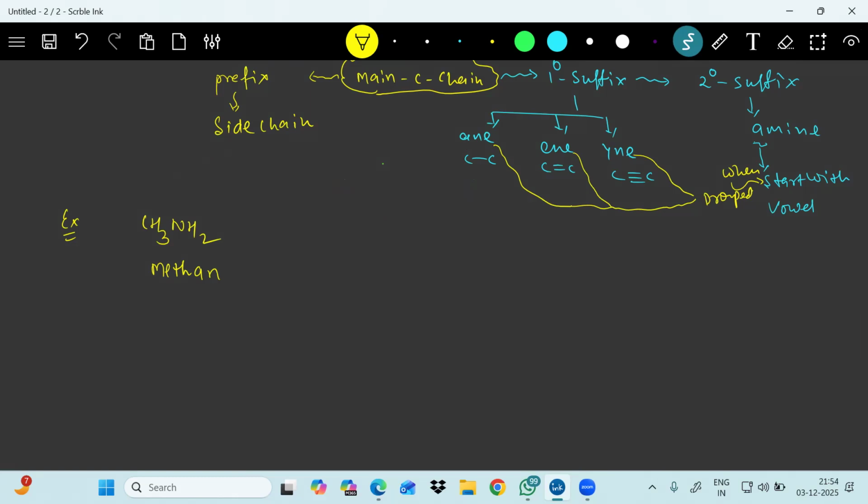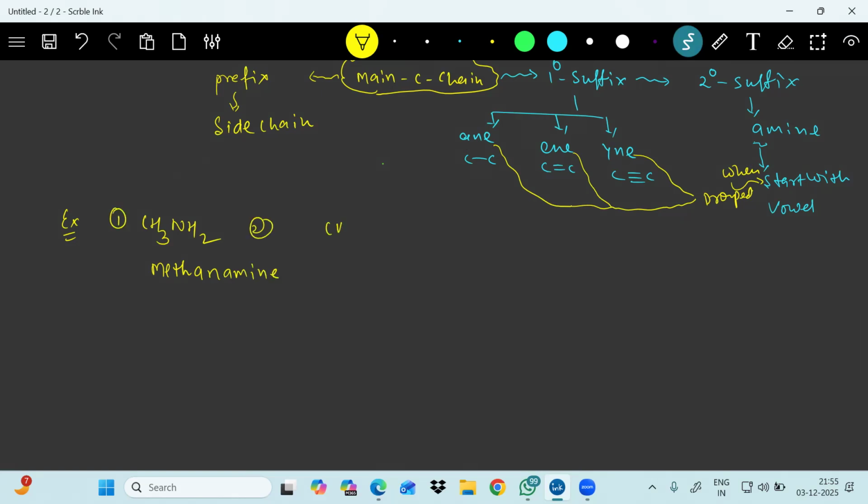Just drop the e, because the secondary suffix amine starts with a vowel. So we write amine: methylamine.